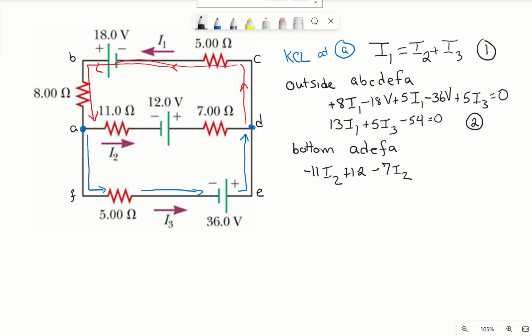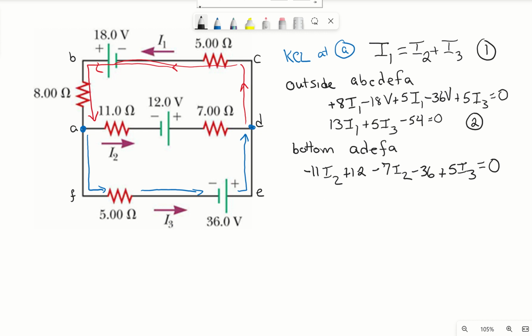And then I'm going to go from D to E, nothing. From E to F, I already did that in the first loop. So I'm going to have minus 36 volts plus 5 I3. And then from F to A, back where I started, there's nothing. So I'll set that equal to 0 because I've got the closed loop.